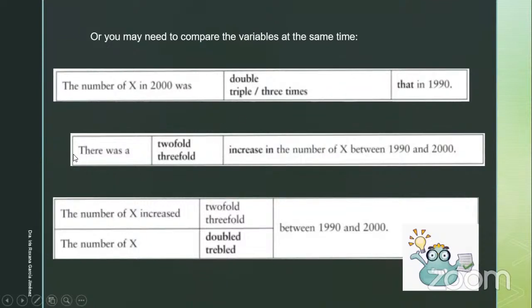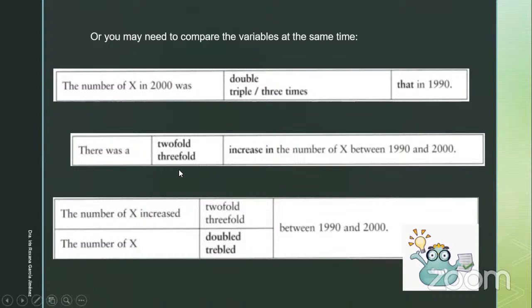Okay, easy. There was a twofold or threefold, expressions that were in the homework. Well, the twofold is there: there was a twofold increase in the number of, the two values increased in the number of.